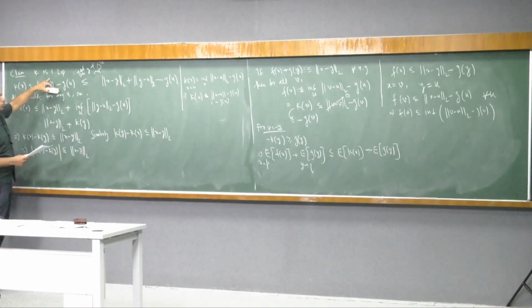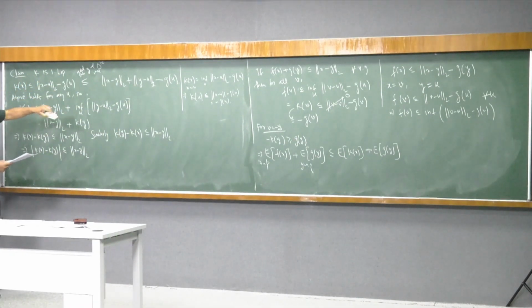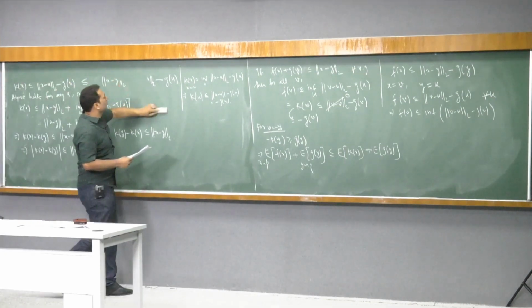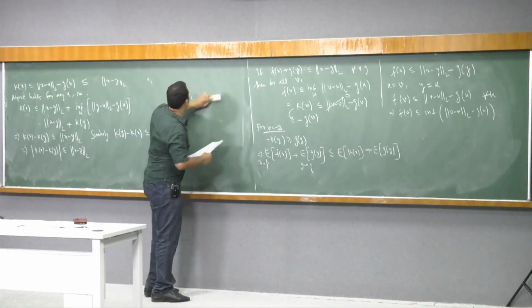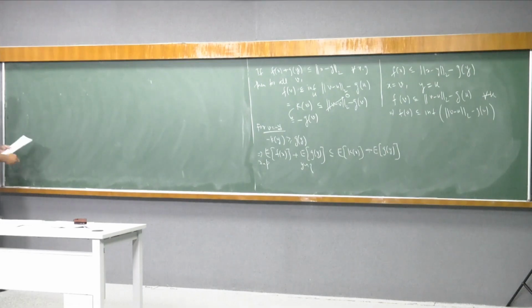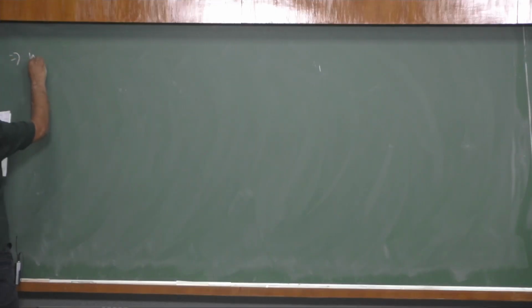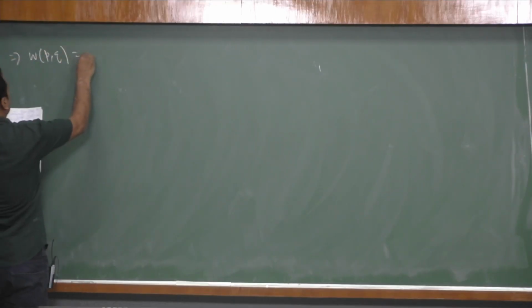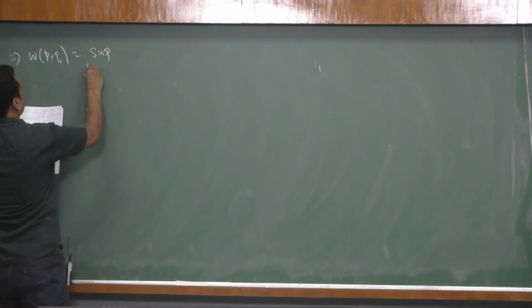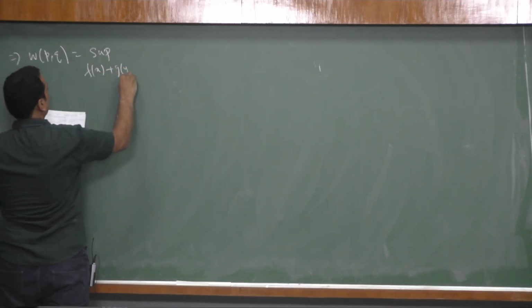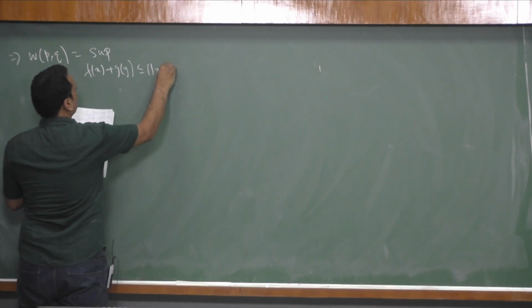And k is one Lipschitz, which we have already shown. Okay, so all this we combine now. So this implies WPQ, which is the supremum of fx plus gy, is less than or equal to norm x minus y.